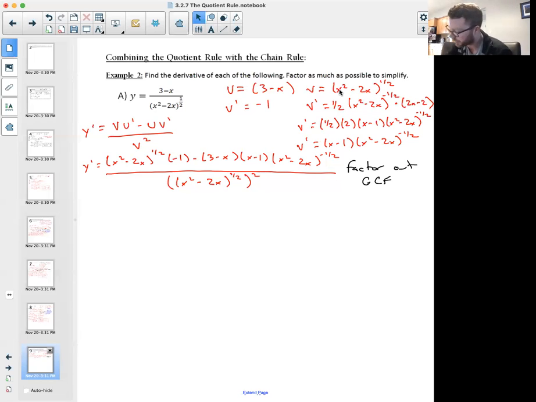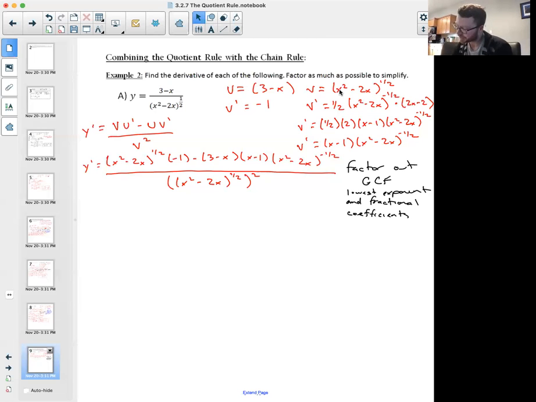And remember, lowest exponent and fractional coefficients. This one we don't have any fractional coefficients, but that was just a friendly reminder.